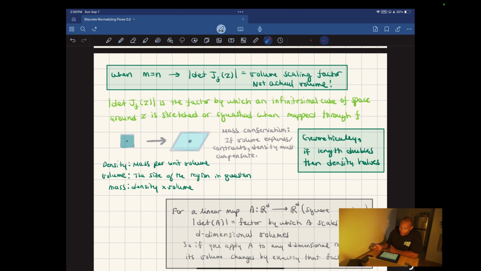It's always going to be a parallelogram because we're talking about linear approximations, right?